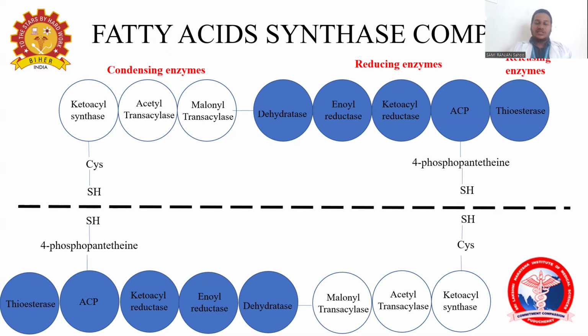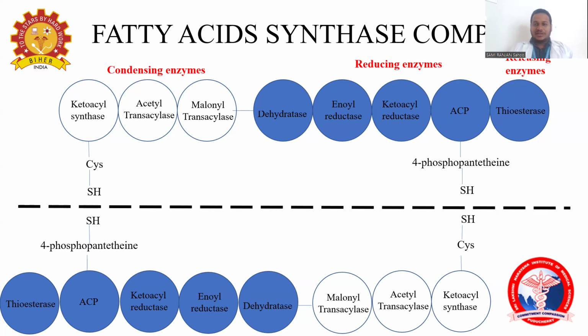So ketoacyl synthase will have cysteine along with the sulfide bond. Likewise, ACP will have 4-phosphopantetheine along with the sulfide bond. In the reverse arrangement, ACP gets attached with cysteine. So thioesterase, ACP, ketoacyl reductase, enoyl reductase, dehydratase, malonyl transacylase, acetyl transacylase, and ketoacyl synthase. This is the very important complex we have.